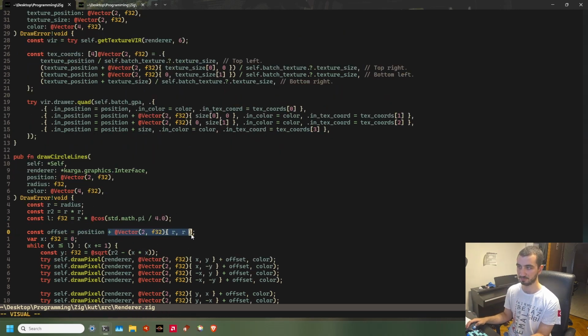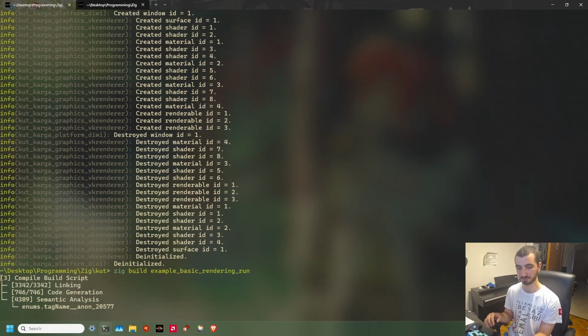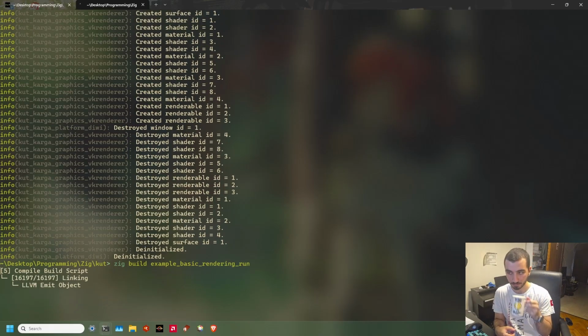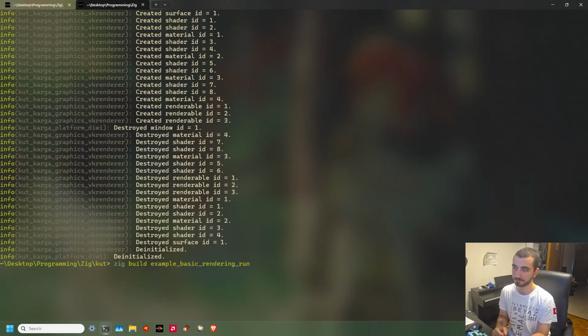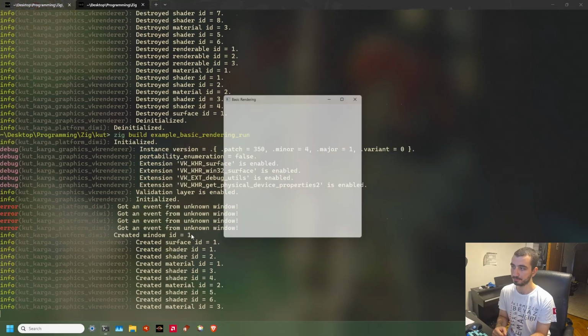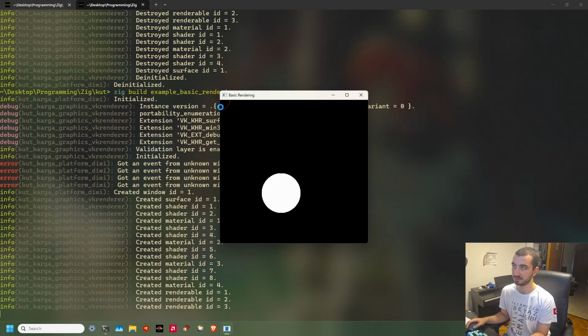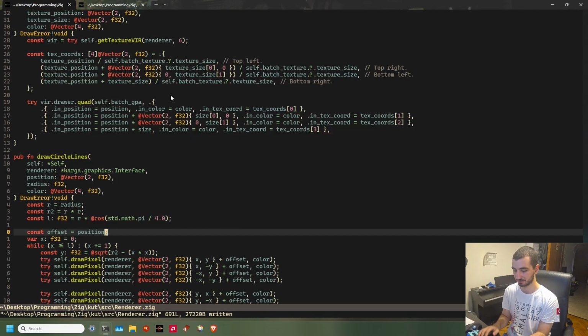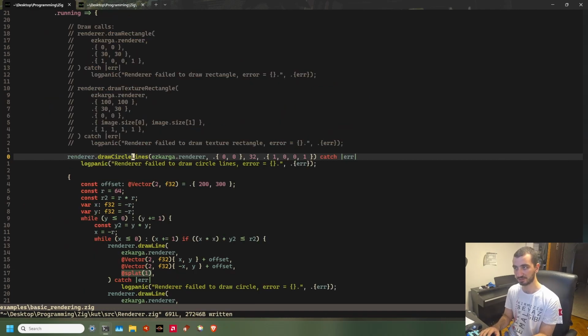Let's actually see that. Okay, as you can see, the origin became the middle of the circle. That's why we are adding the radius to the offset. So that's draw circle lines.